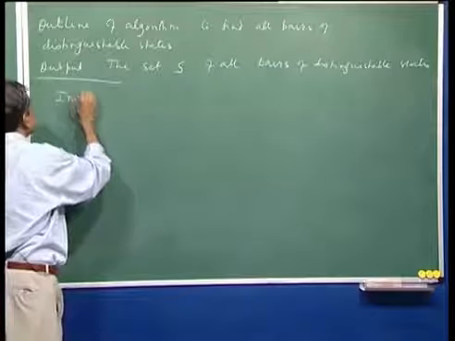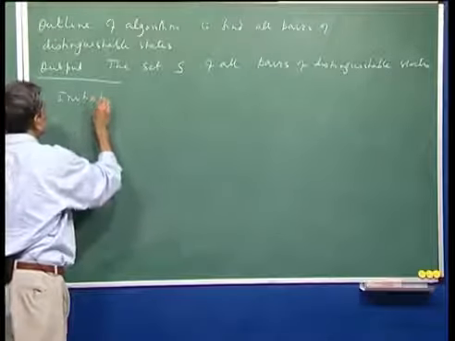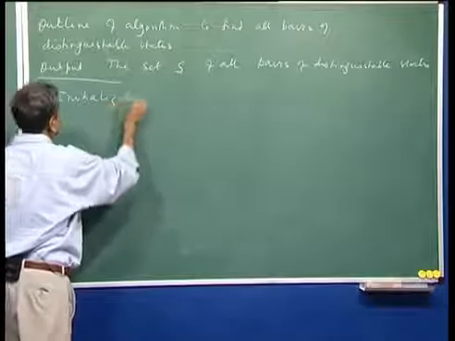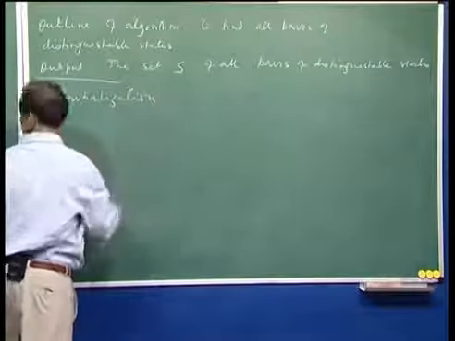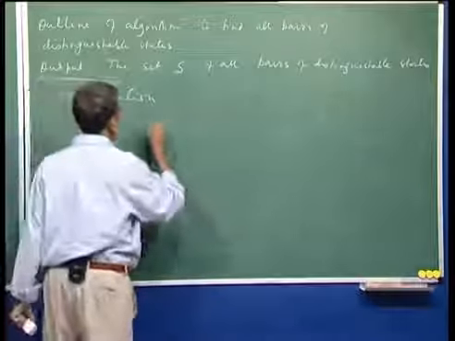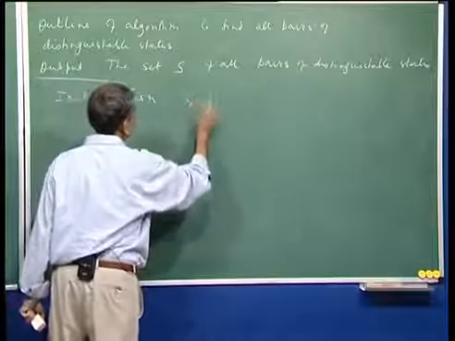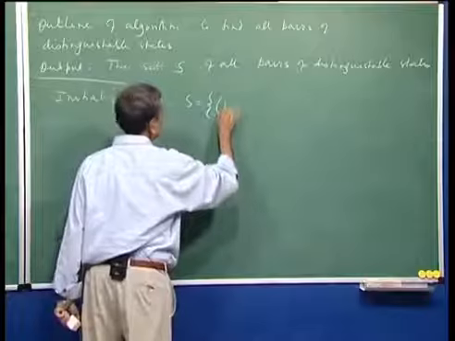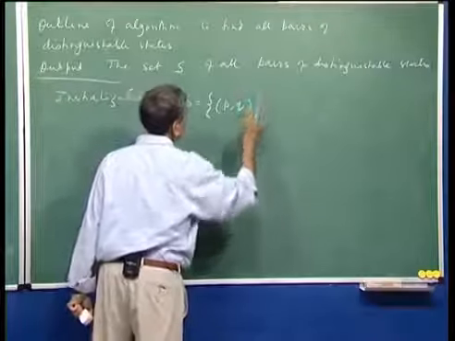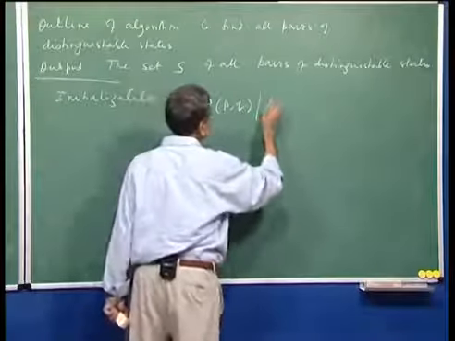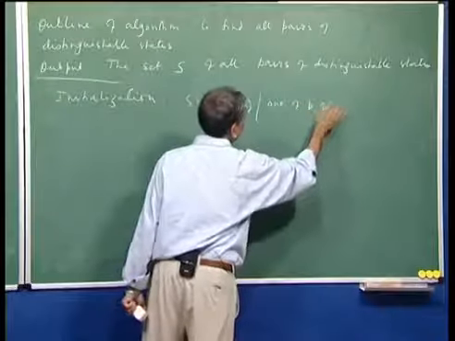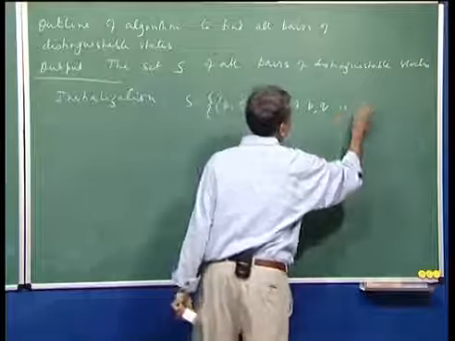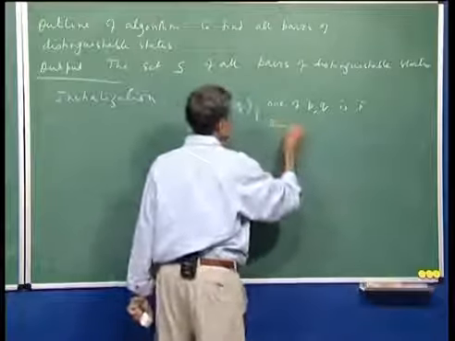The initialization is from this observation: S is all pairs P, Q such that one of P or Q is in F, the other not.